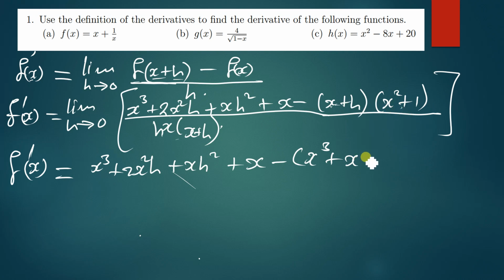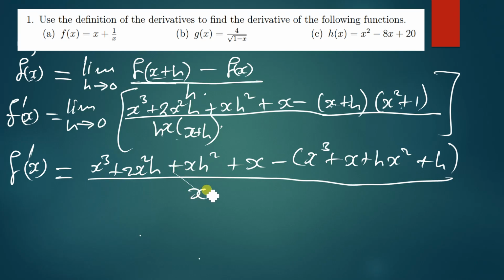H times x squared gives hx squared. H times 1, we have h. We're dividing everything by x h, x plus h. Then of course there is the limit as h approaches 0.